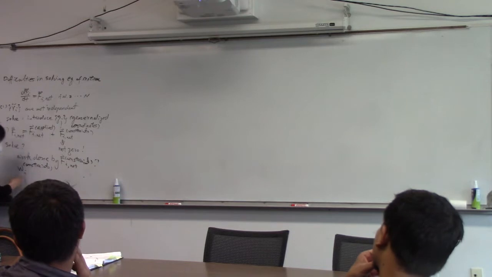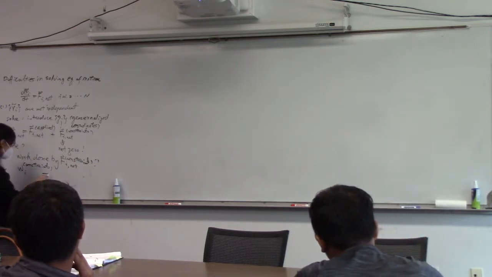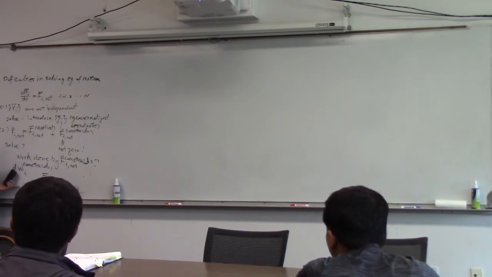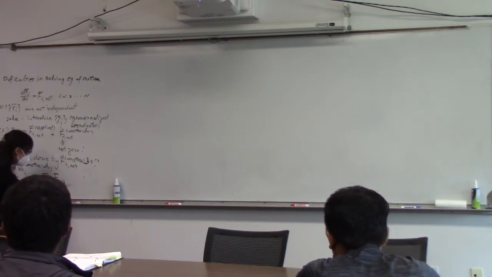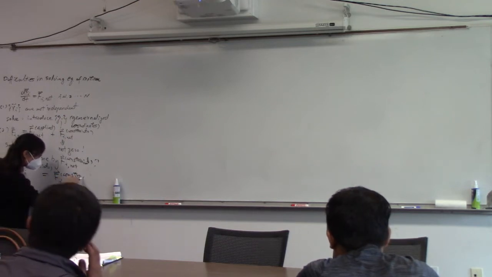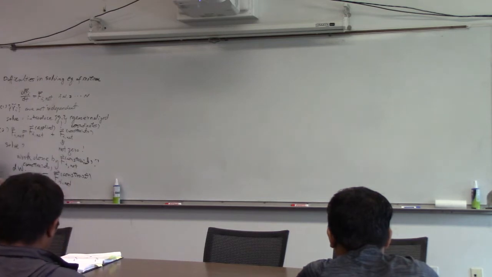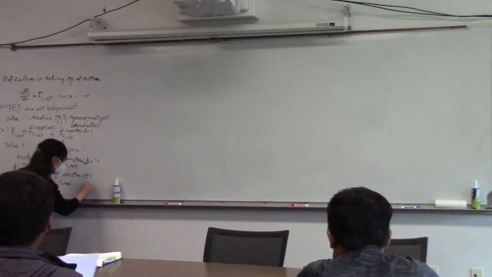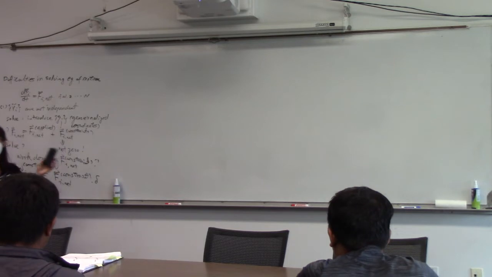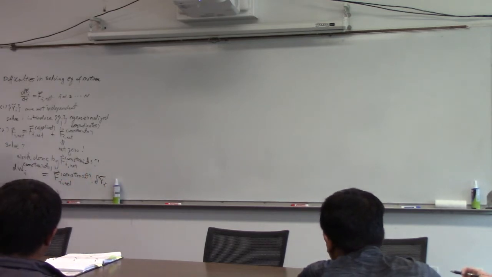The work done on the i-th particle, the infinitesimal work, is the force due to the constraint on this i-th particle, maybe we have several constraints, multiplied by the infinitesimal change of displacement, right? That is what we are looking for.